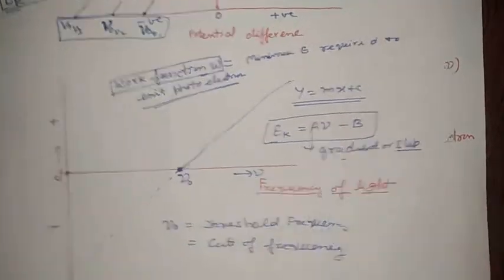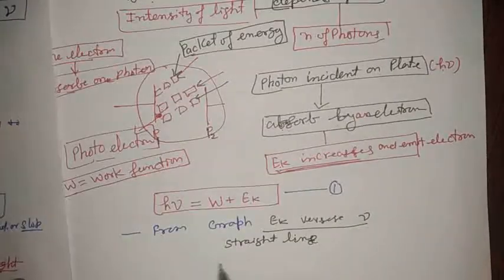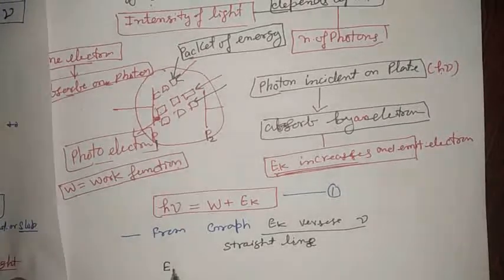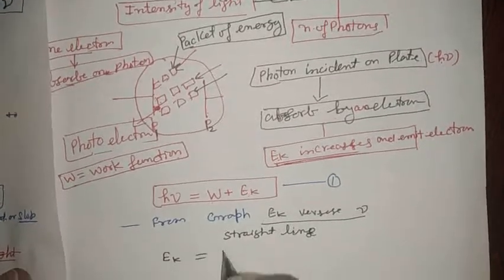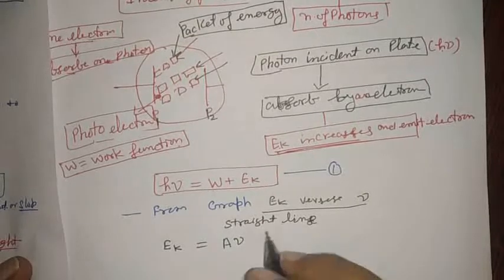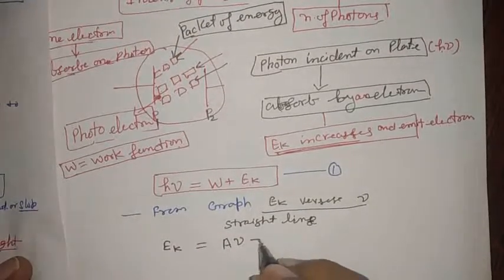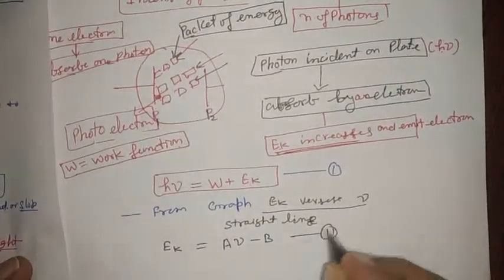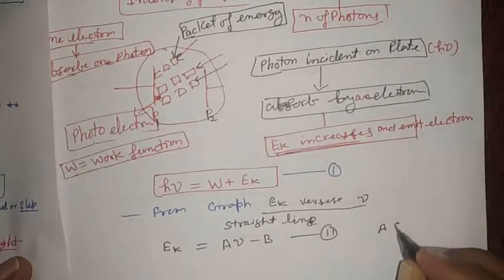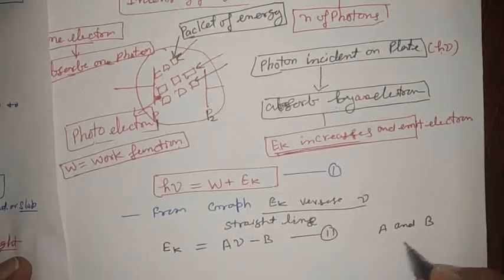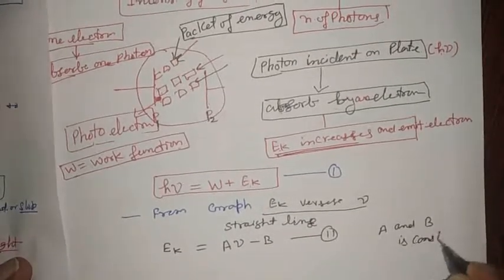And this straight line equation is kinetic energy Ek is equal to A nu minus B, where A and B are constants.